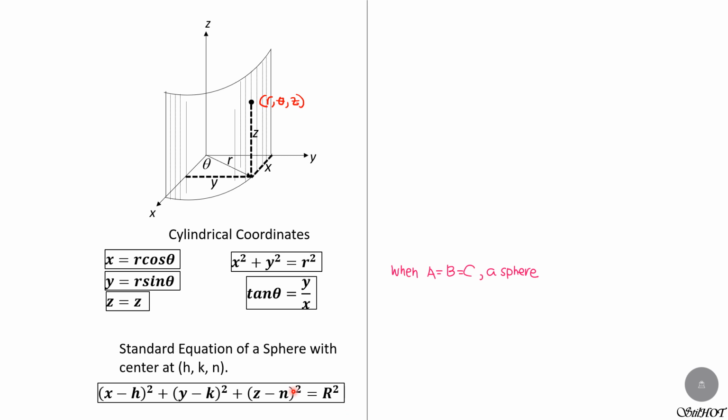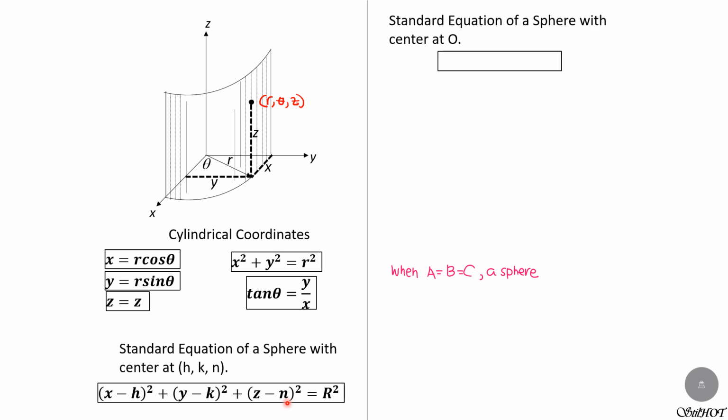Remember that if z is removed, the third term is removed, and this is replaced by small r. That's the standard equation of a circle. Now that it is a sphere, let's extend it to this third term, z minus n quantity squared. Then for a sphere with center at the origin, you just set h, k, and n to 0. So x squared plus y squared plus z squared equals big R squared.